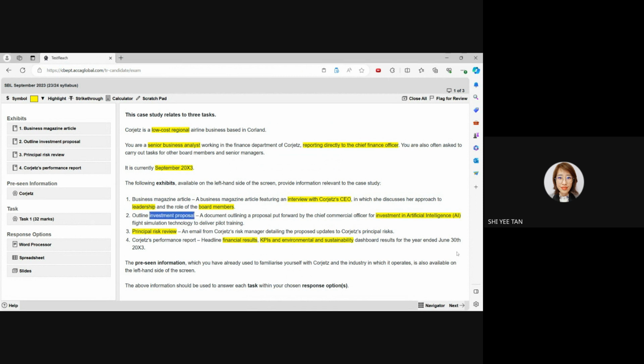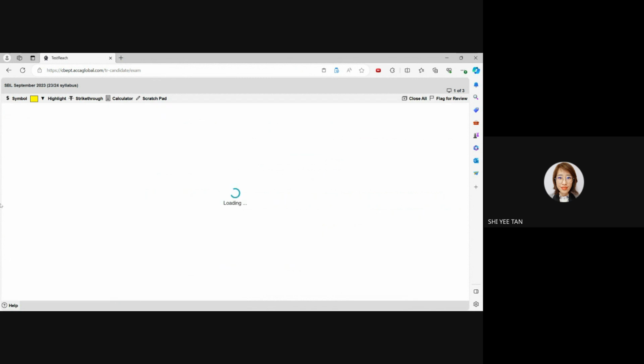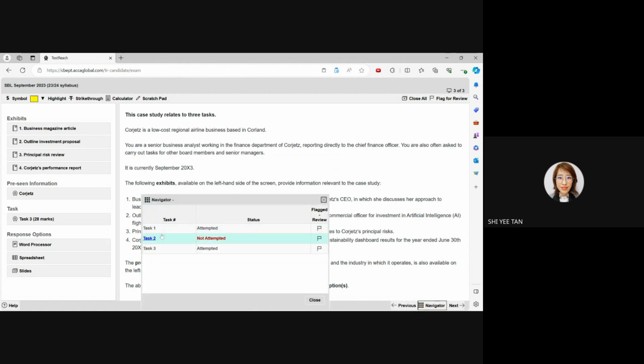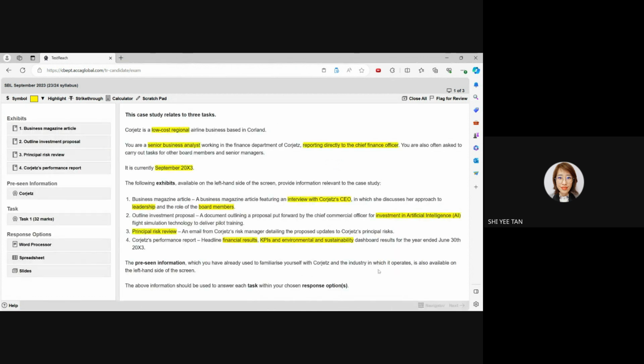No matter how I advise students to start from the task, there are some options. Now for the task, you can only see task number one here. You can only see task number two when you click next, and task number three when you click next again. Of course, you can navigate back to task one or go to task three anytime.